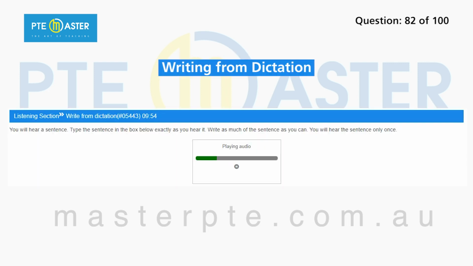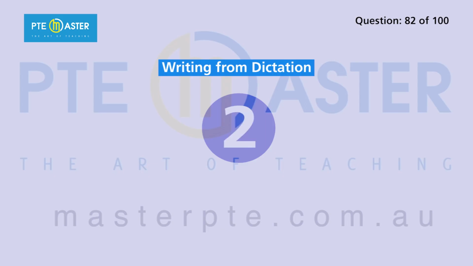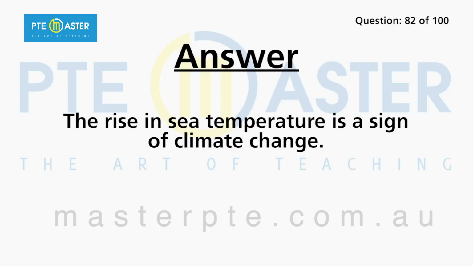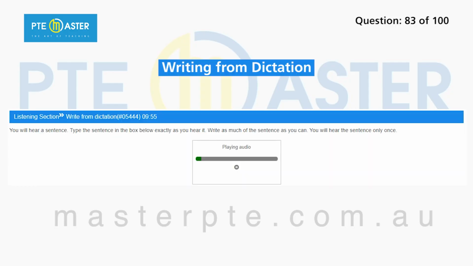The rise in sea temperature is a sign of climate change. The library has a number of collections of historical and social statistical publications.